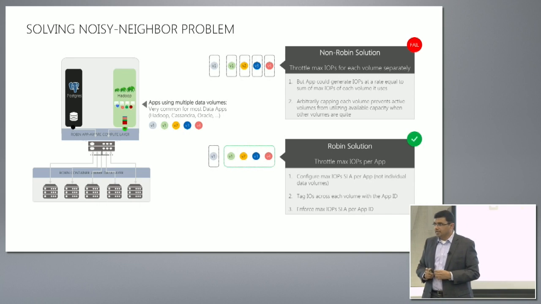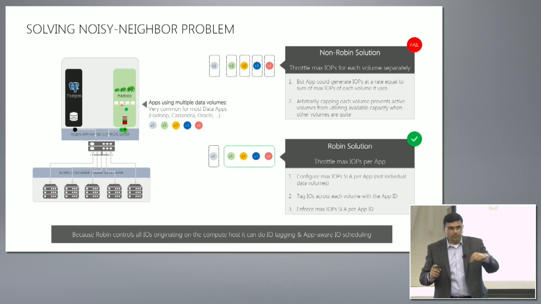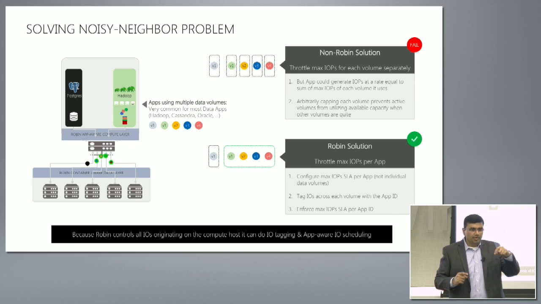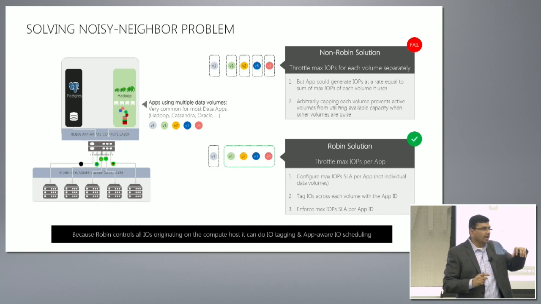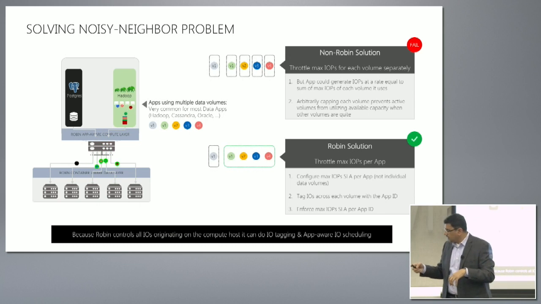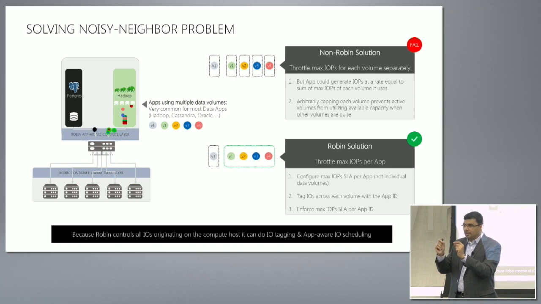Because we are application aware, we understand that all these, in this case the 4 volumes for Hadoop, belong to one app, and the max enforcement is happening at that app level, not at the LUN level. Because we do IO scheduling ourselves at the top, we can put an envelope around each IO, or tag each IO, and say this is the max that it should get. No more than that.